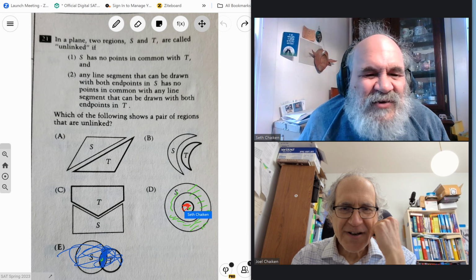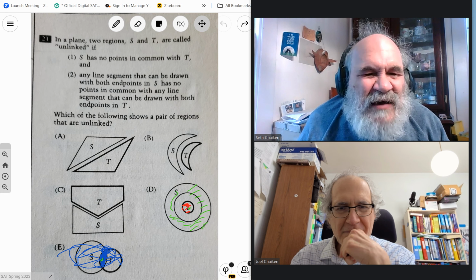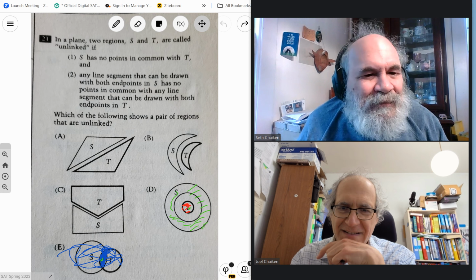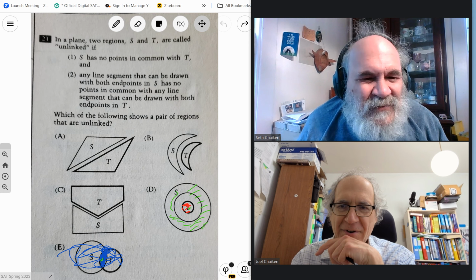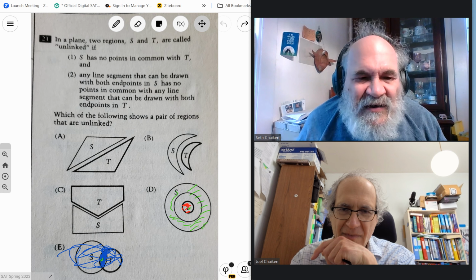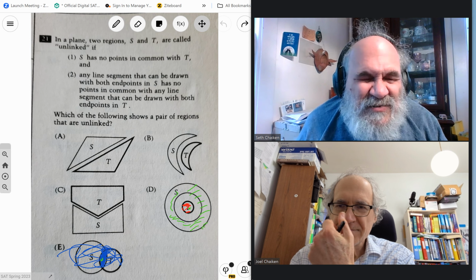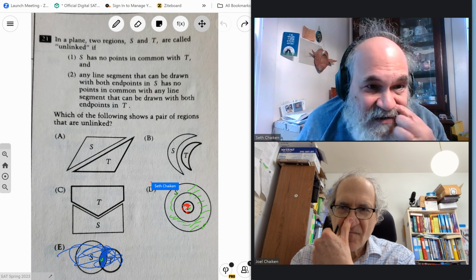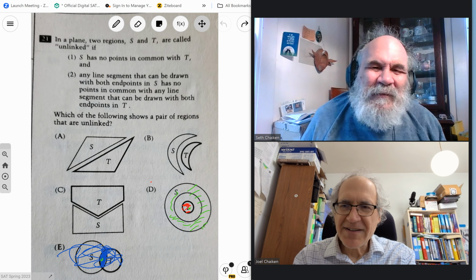We don't know what S is. So these don't have any points in common. But I hope S isn't the whole thing. If S were the whole thing, then they would have points in common. So we don't know. But either way, D doesn't qualify.